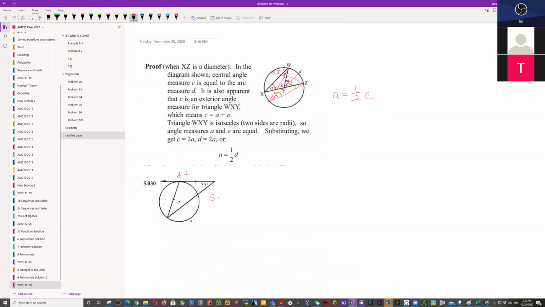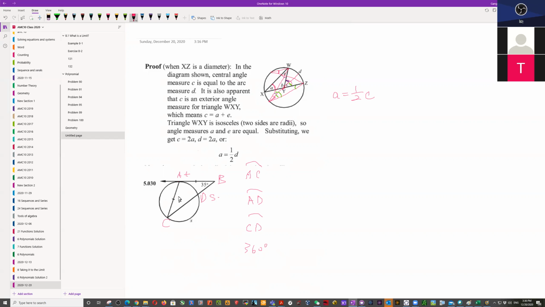Let's say this is A, B, C, and D. So basically, we have arc AC, arc AD, and arc CD. If we add them up, it's going to be 360 degrees.